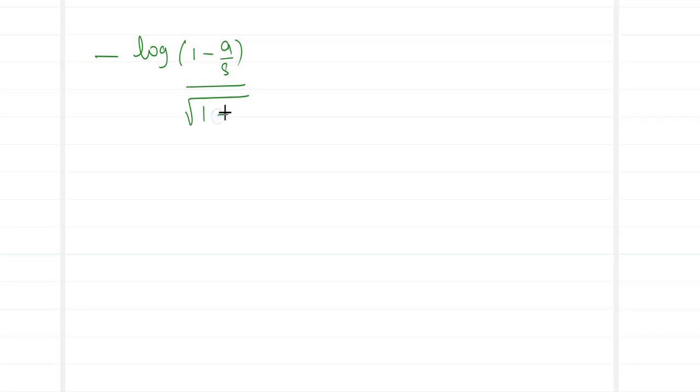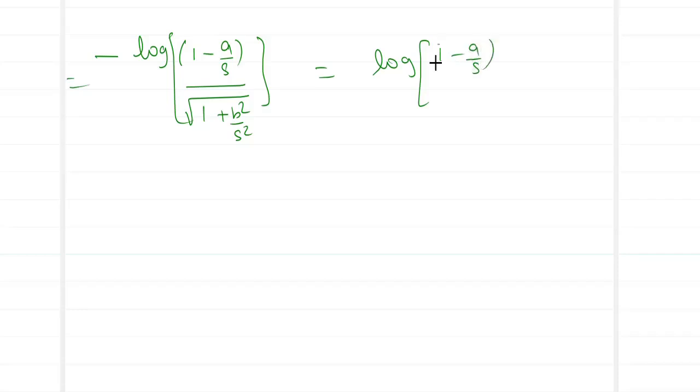So what happens over here is minus log of 1 minus a by s divided by root over 1 plus b square by s square. I take it to the numerator of it. So this becomes log of 1 minus a by s divided by root over 1 plus b square by s square whole power minus 1.